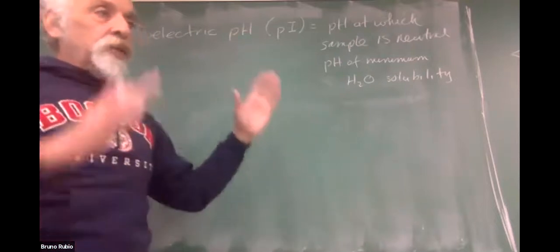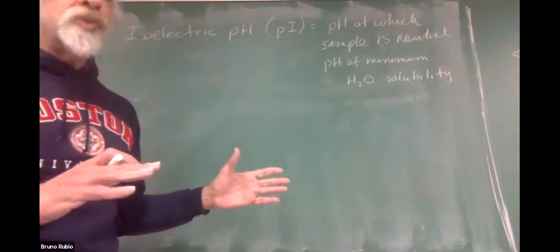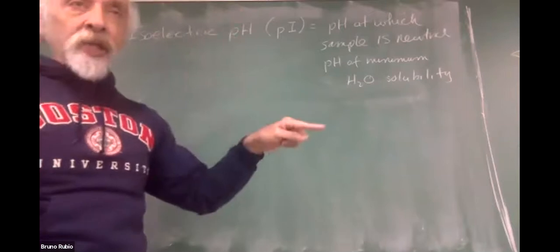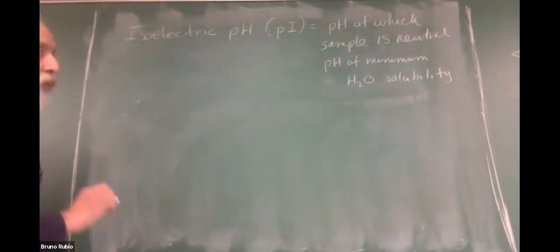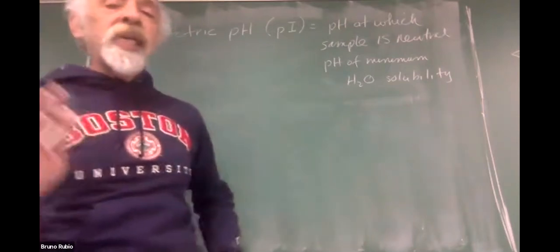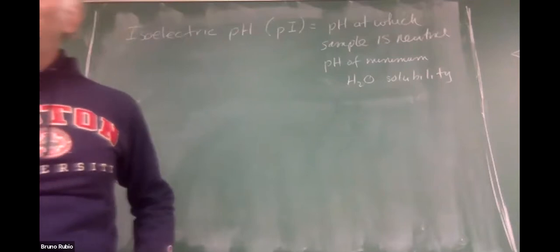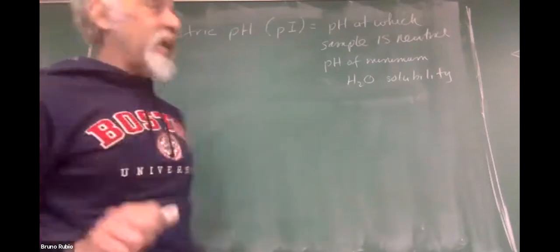And last time I drew you a picture showing that we have dominant forms, but dominant does not mean exclusive. And we saw a bell-shaped curve and all of that. So just refer to that. What I want to talk about now is how to calculate the isoelectric pH from that table of pKa's.